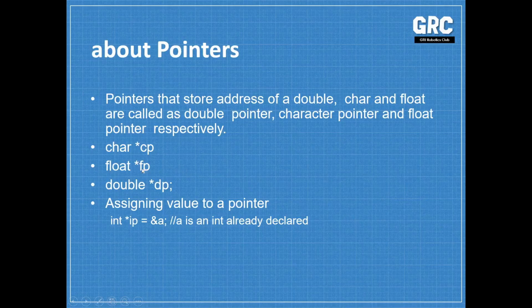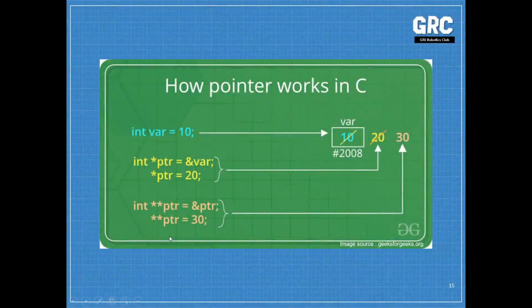Here we see the different declarations of pointers. For assigning values to the pointer, we pass the address of the variable into the pointer. Now let's see how a pointer works.